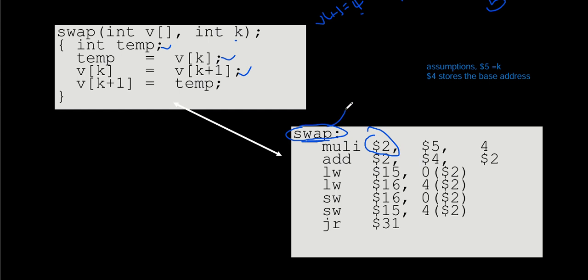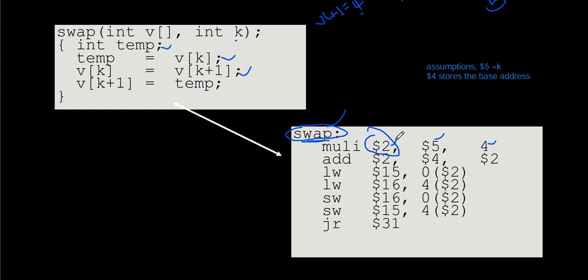So this one is understandable. Now the first thing is they are using a multiply immediate instruction, right? And what they are doing is that they've taken register 2, and they are multiplying the content of register 5 by 4, and they are storing it in register 2.